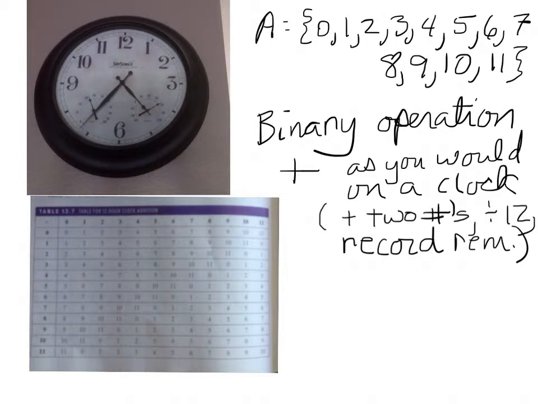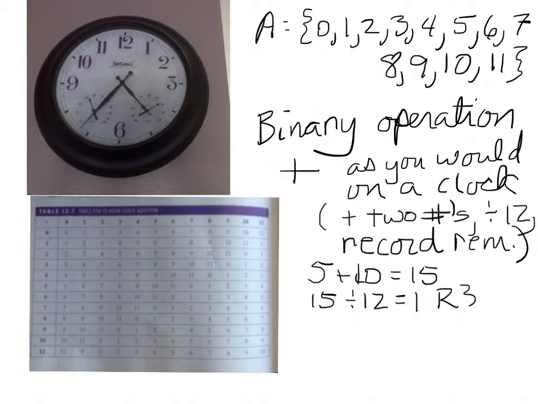If we're at 5 o'clock and we want 10 hours past 5, 5 plus 10 is equal to 15. Then we take 15 divided by 12, which is 1, remainder 3, and then we record the 3.